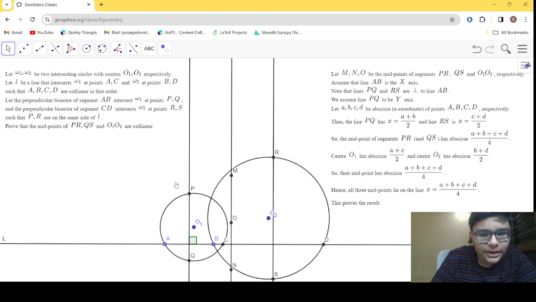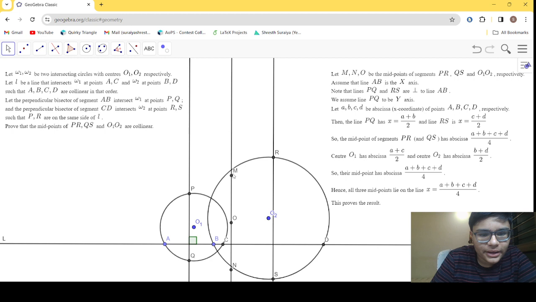Okay. Now, as we know, M is the midpoint of P and R. So the abscissa of M is the average of the abscissa of P and R, right? And P has abscissa (a plus b) by 2. R has abscissa (c plus d) by 2. So the abscissa of M is ((a plus b) by 2 plus (c plus d) by 2) divided by 2.